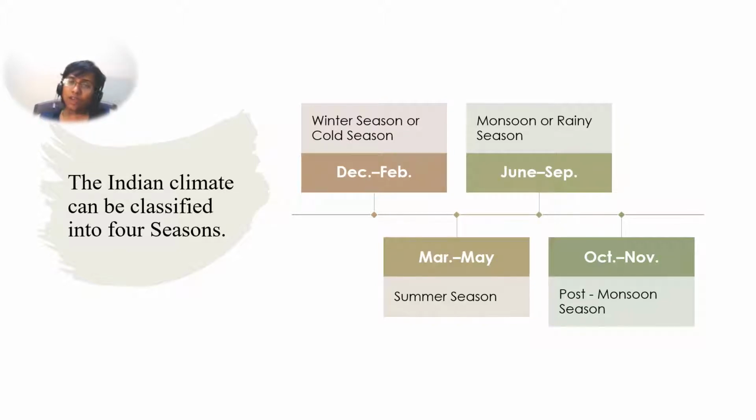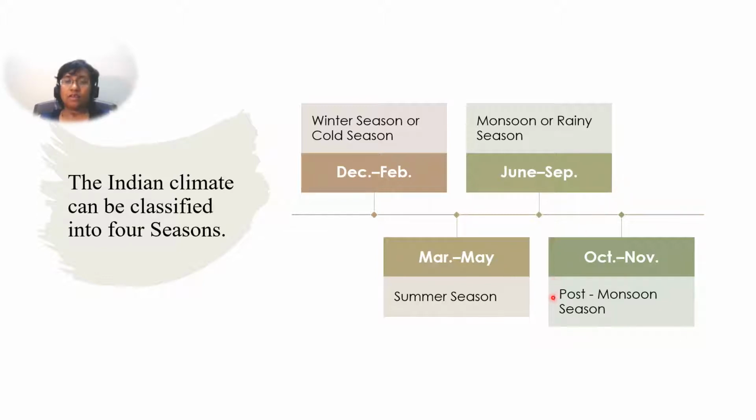The Indian climatic scene can be classified into four seasons. And what are these? It is the winter season or the cold season, approximately between December and February. Then we have the summer season, which is between March and May. The monsoon or the rainy season between June and September.